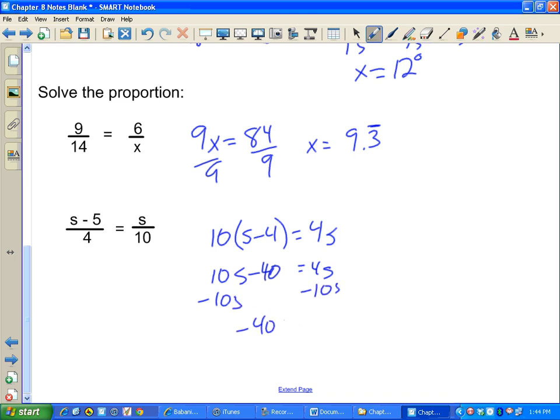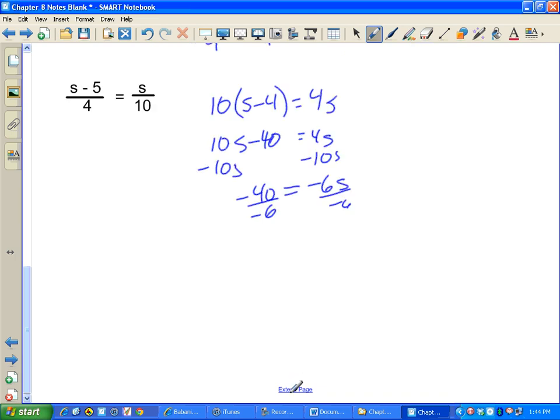Negative 40 equals negative 6s. Divide by negative 6. That goes in there 6 times. It leaves 4 over, which leaves 40, and we'll just be dividing by 6 forever. So it's 6.6 repeating, which is the same as 6 2/3, which would also be 20/3.